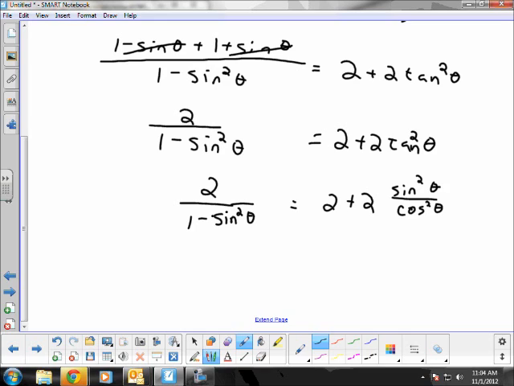Because this has got like that. You can think of that 2 as being up there with the sine, right? So they both need the cosine squared. So that's 2 times the cosine squared of theta over the cosine squared of theta plus 2 times the sine squared of theta over the cosine squared of theta.